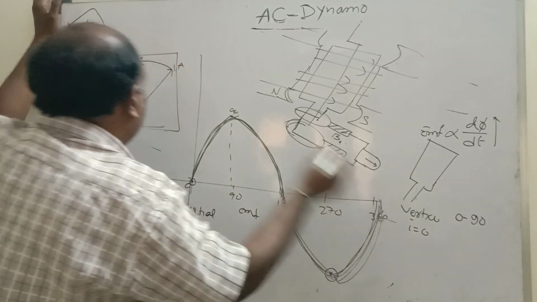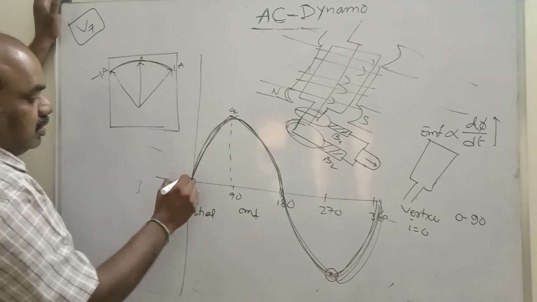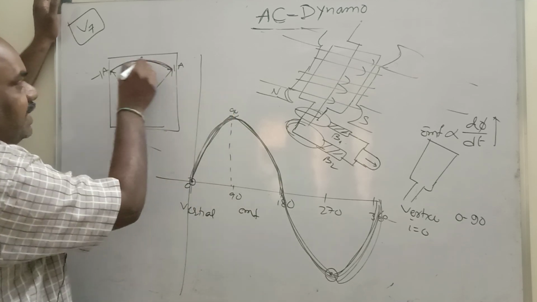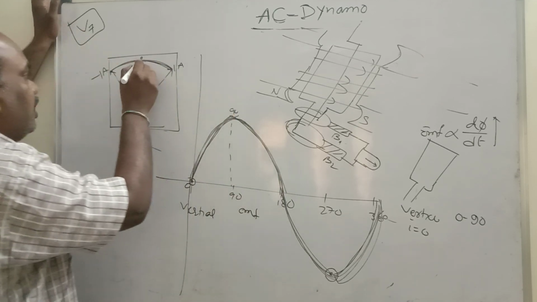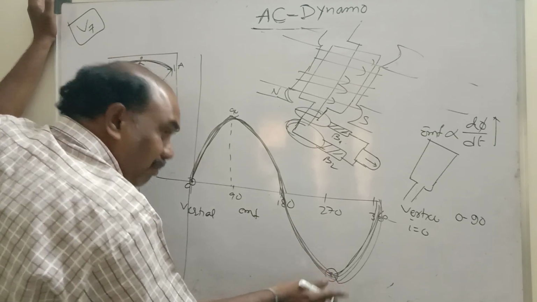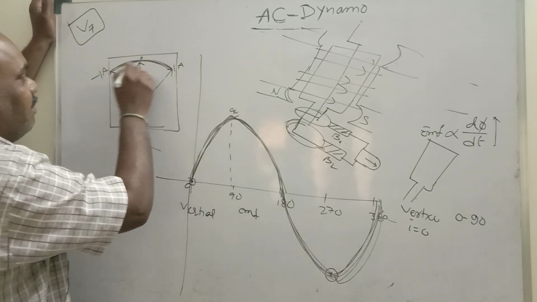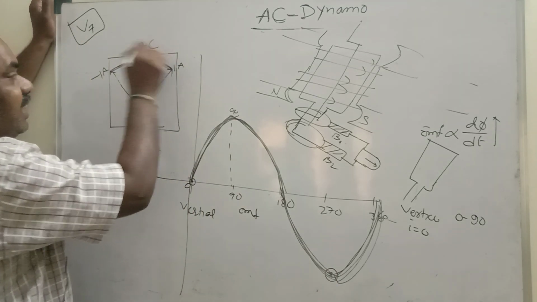Again 270 to 360, minimum. Induced current is maximum but in reverse direction. This is what alternating current.